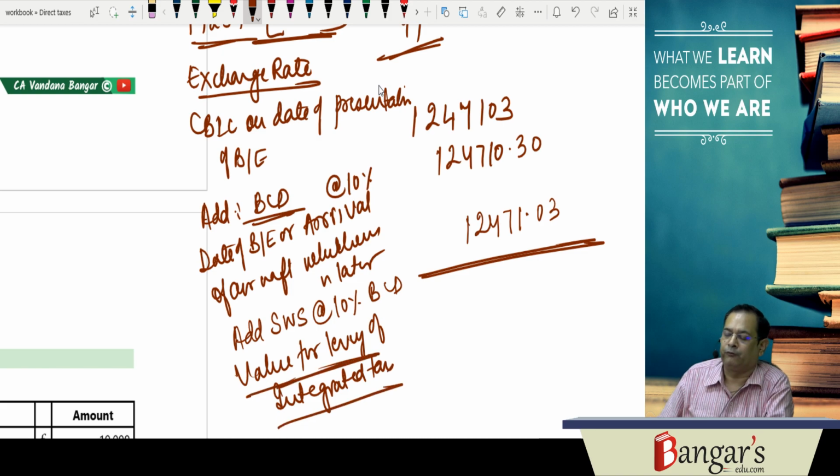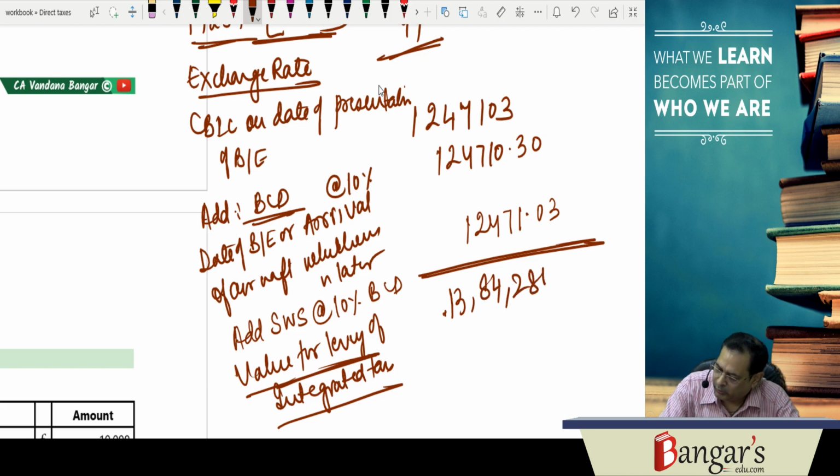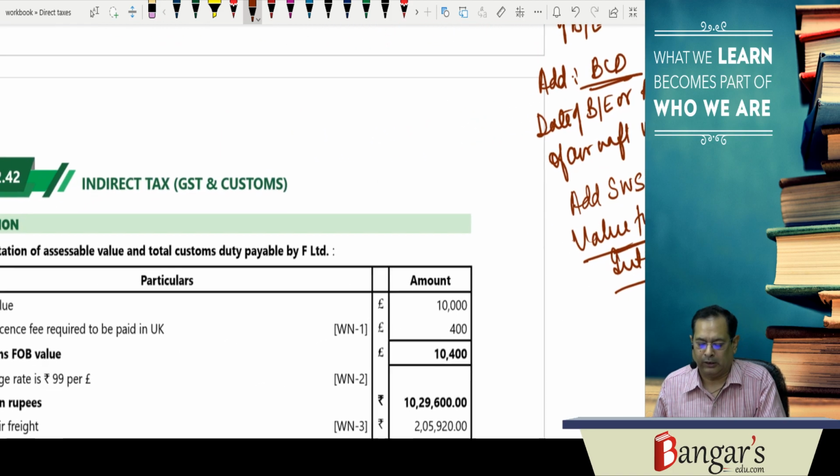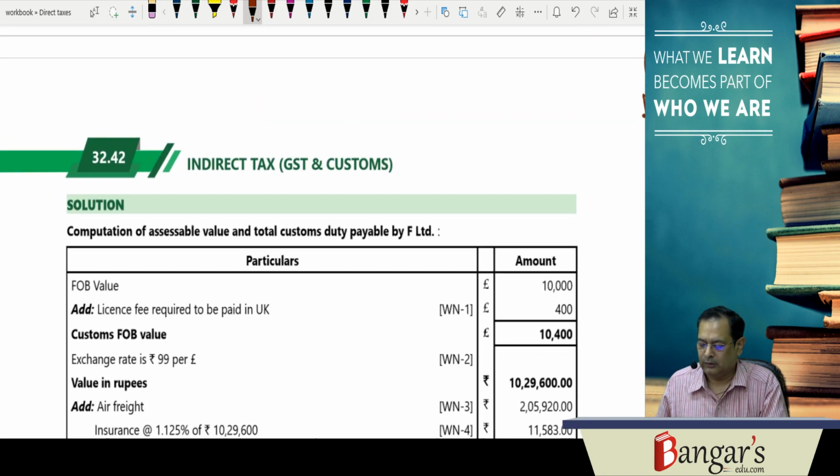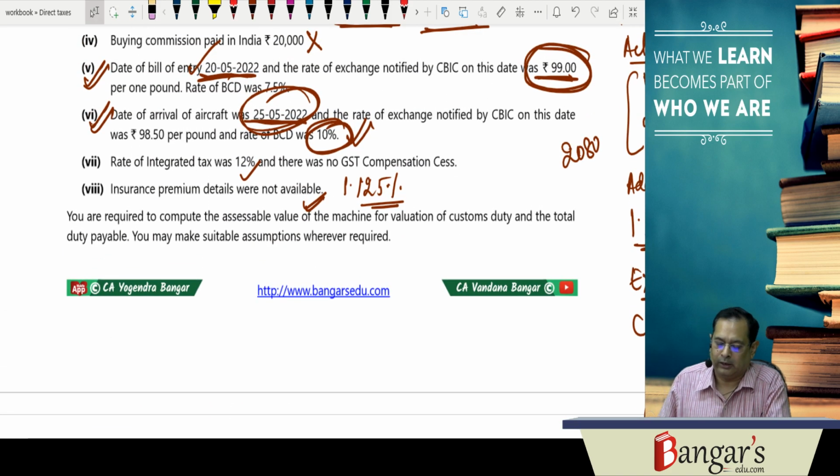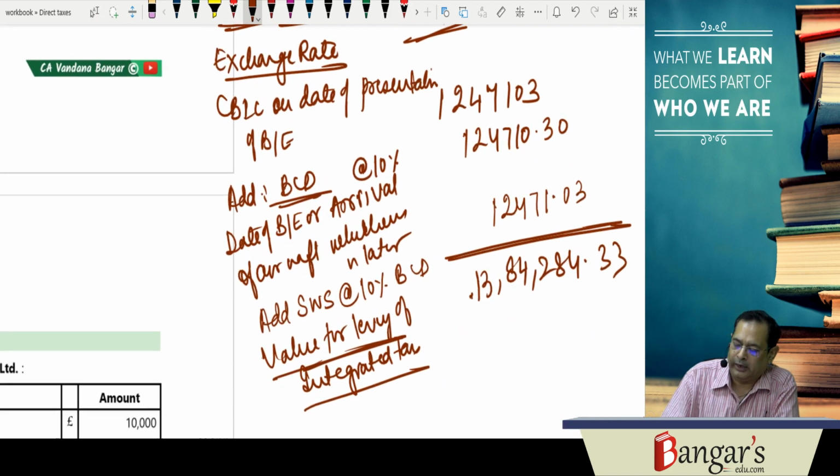This is the value for levy of integrated tax, that is 13,84,284.33. And the integrated tax rate they are providing is 12%.